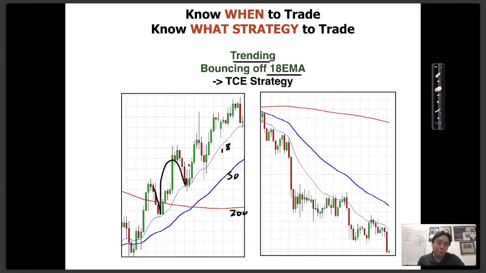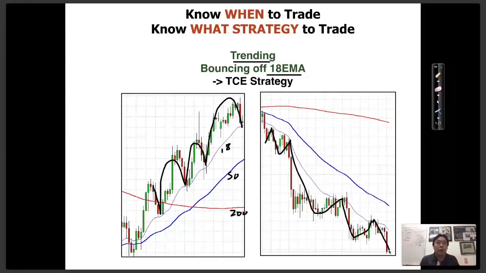Boom, boom, boom. There we go. This is the downtrend version, trending, bouncing off the 18. As a trader, you have to be patient to wait for this pattern to show itself. And on any given day, it could show itself on the dollar pairs, on the franc pairs, on the pound pairs.